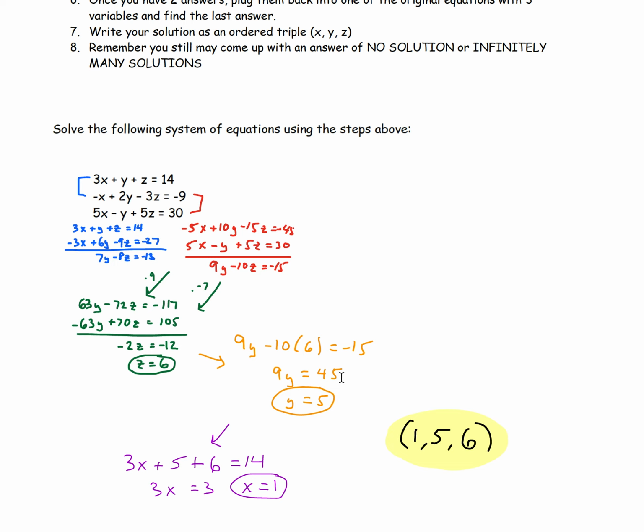Add 60 over here to get 45, divide by 9 to get 5. Then I can take these two values of z and y and plug in wherever I want. I went into the top equation. I know that z is 6, y is 5, and then I can solve this for x. And then I have an x value, a y value, and a z value. I'm going to do the same process on every one of these.